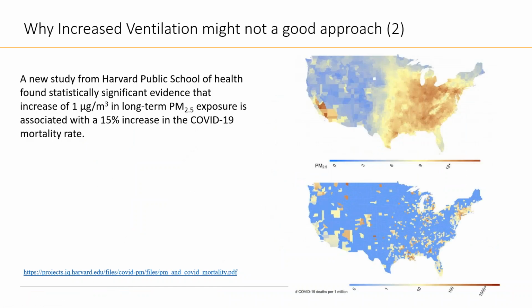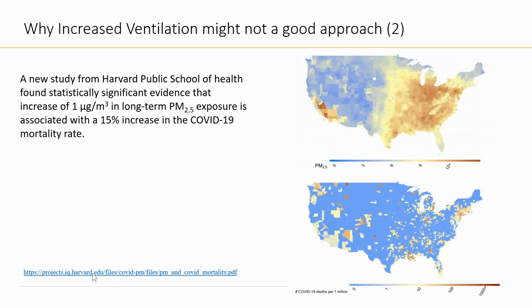To move on, a little bit related to particulate matter, but a different flavor. We know for a long time that particulate matter, specifically 2.5 microns or less, can penetrate to your lungs. It's a pollutant, and exposure to it will put more stress on your respiratory system in general.